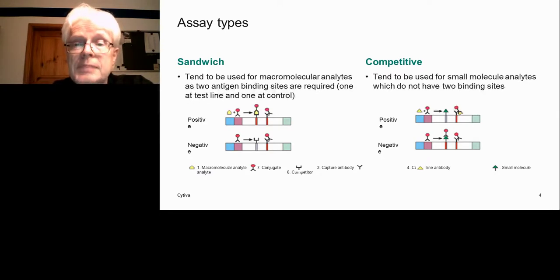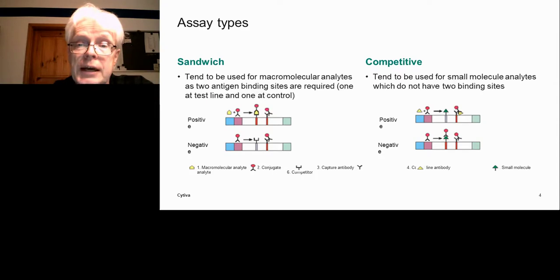In that case, you cannot bind more than one binder to your target molecule, and that means you have a test line that already contains your target molecule, and in a negative sample, your detector antibody will bind to that test line.